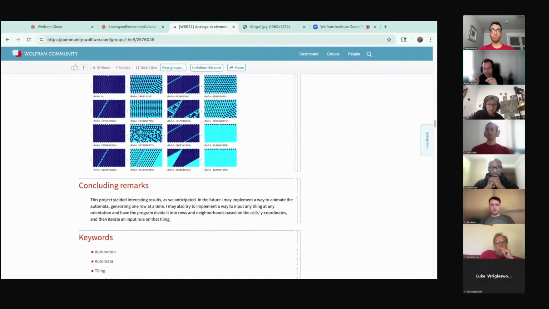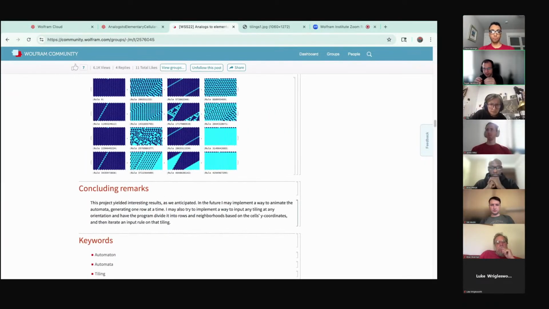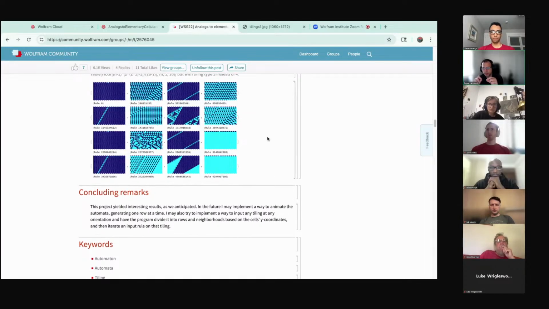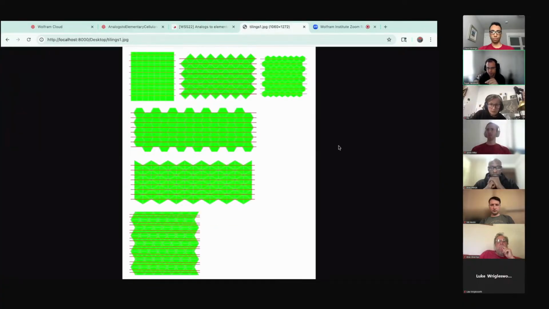Can you show the neighborhood analysis for that? What is the triangular tab, and what are the inputs to it? So for example, let me zoom in.